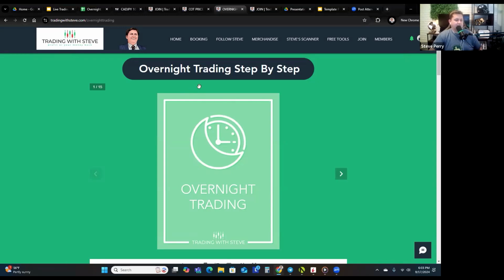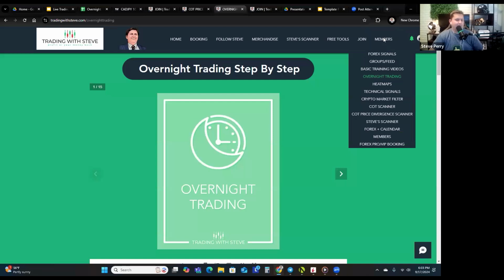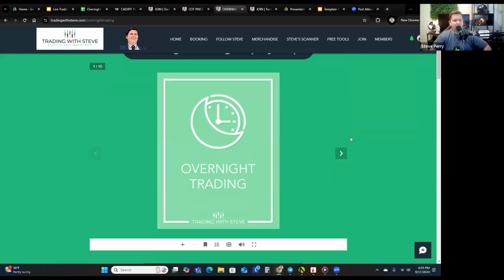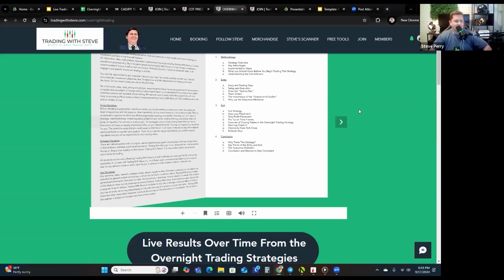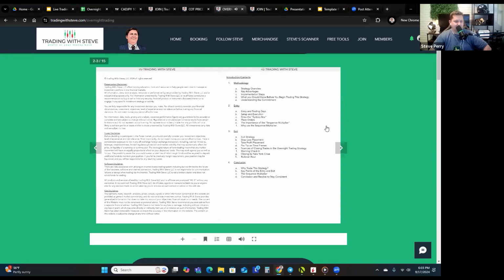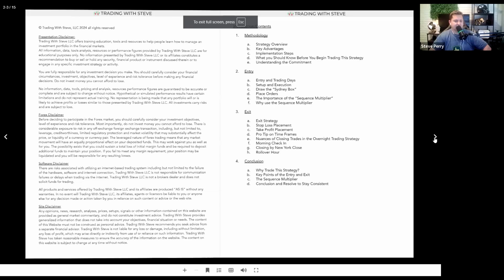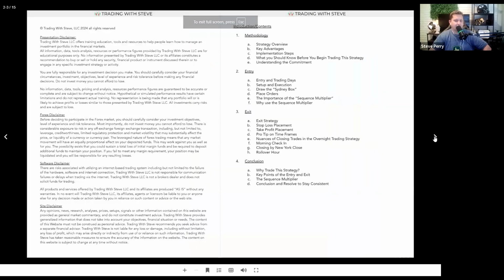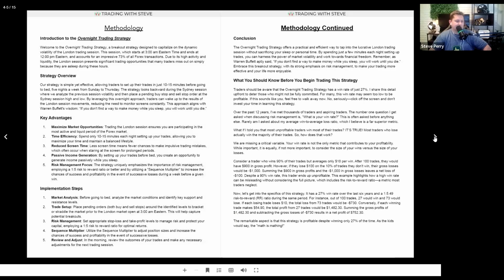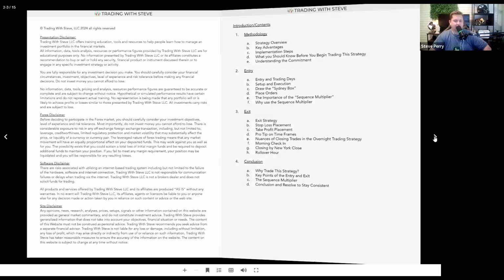You can go to the members tab on the website and click on overnight trading, and this will pull up the book. It describes how the strategy works. You can go full screen too, which is nice, and it flips through like a book. You can read about why we're trading this and the concept behind it.